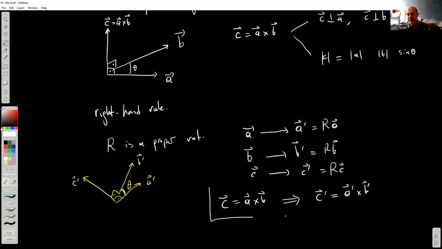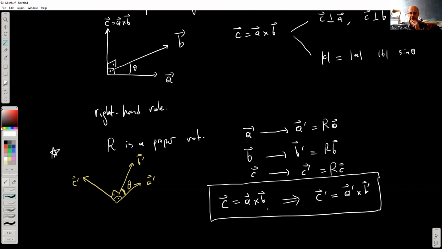So the cross product relationship between these vectors is preserved after a rotation, but this is only for a proper rotation.